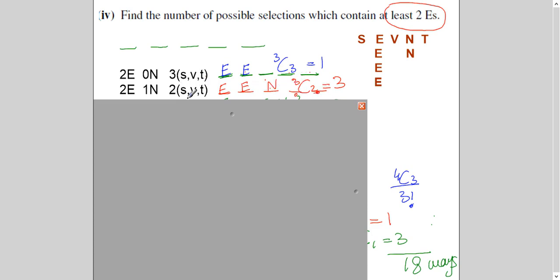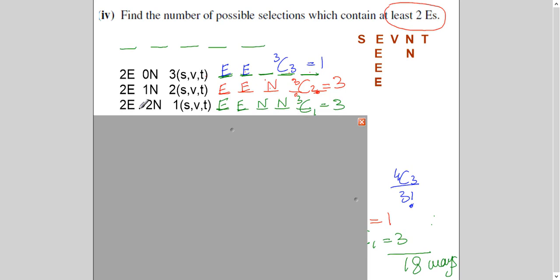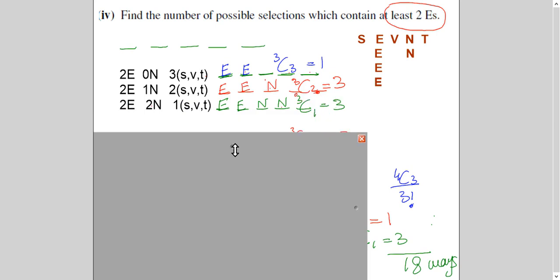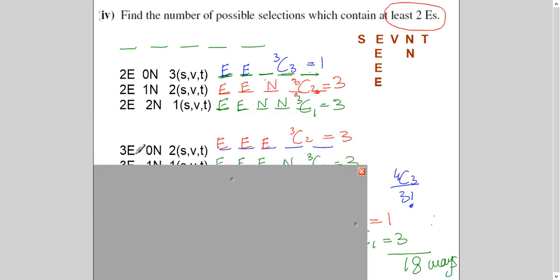And out of 3 letters, I will select 2 letters. So 3C2 is 3. Again, I have 2 E's because I will consider all the cases one by one, but first I am finishing all the conditions with 2 E's. 2 E's and 2N. So 4 spaces are gone. The last space will be taken up by any of these letters, which is 3C1. Exactly the same thing I will do with 3 E's.